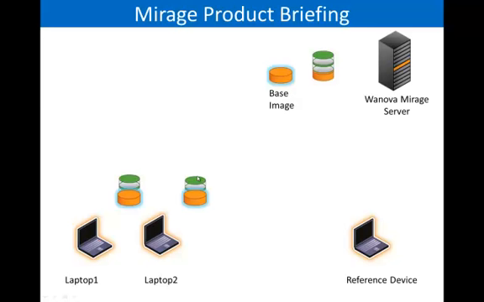Now, another great advantage of this software is that there's a technique for migrating from Windows XP to Windows 7 with this. So you can build yourself a reference device with Windows 7 and deploy out that base image to Windows XP devices. And again, it'll download the Windows 7 image in the background of the Windows XP user's device while they're working.